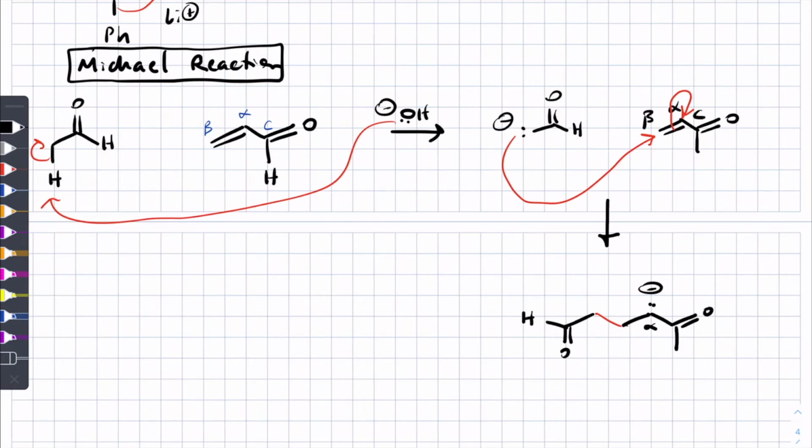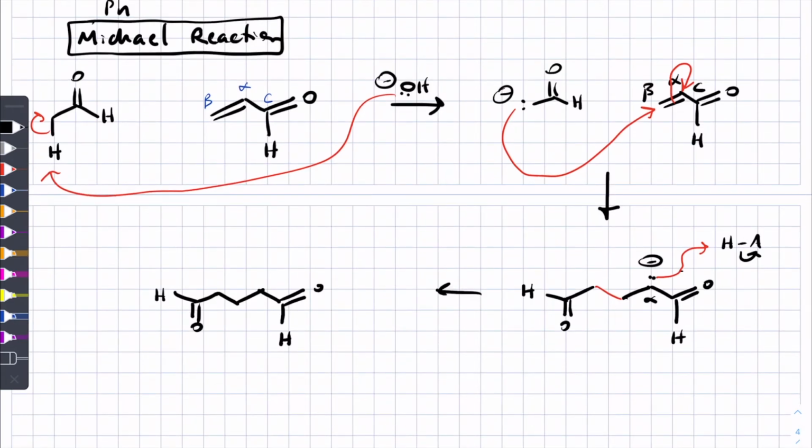And then, in a subsequent step, the enolate can pick up a proton, probably from water, and that will give us this product. Sorry, along the way, a hydrogen became a methyl group. Had to fix that. All right. So there's the product of our Michael reaction.